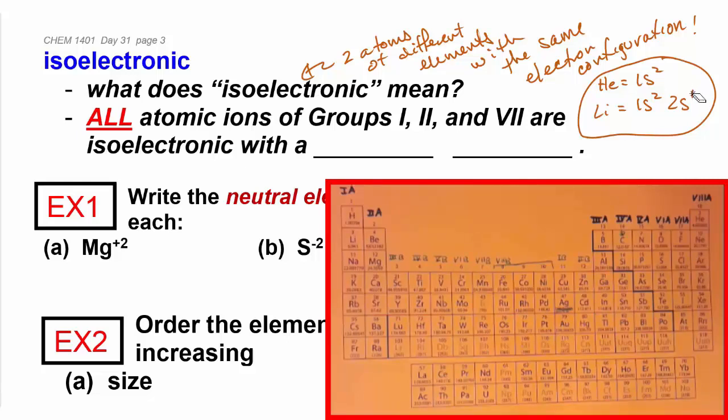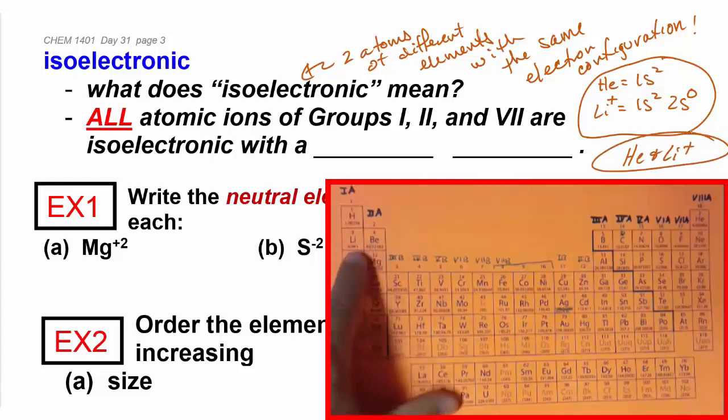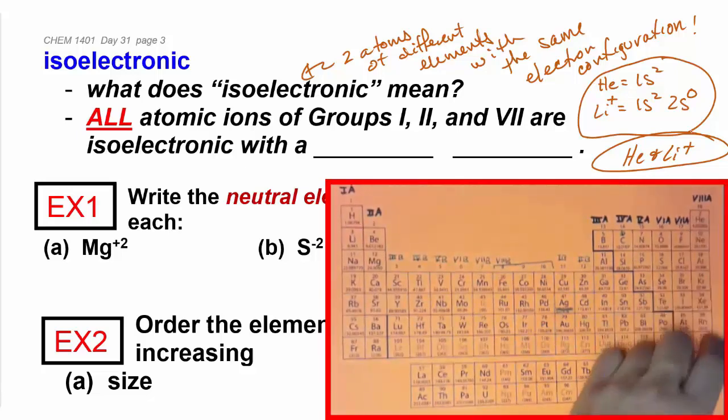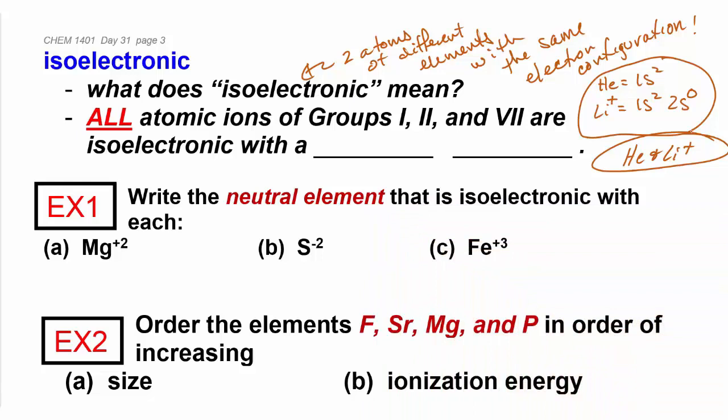So if I remove an electron, make that a 0, I removed one electron. So this now has to be lithium plus. These are now isoelectronic. Helium and Li plus are isoelectronic. So you can kind of see it. If I take one electron away from lithium, I'm at helium. All atomic ions of groups 1, 2, and 7 are isoelectronic with a noble gas.